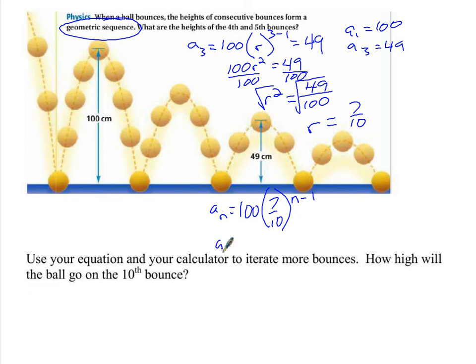So a sub 4 equals 100 times 7/10 to the 4 minus 1. Just type it into your calculator. 100 times 7 divided by 10 to the third power.